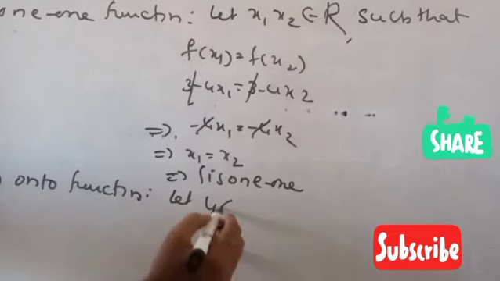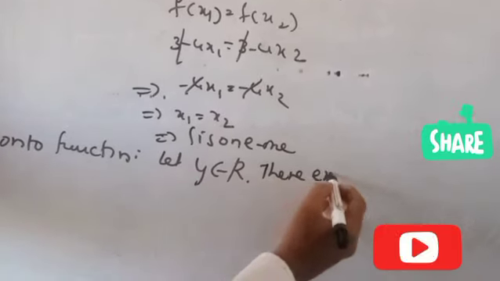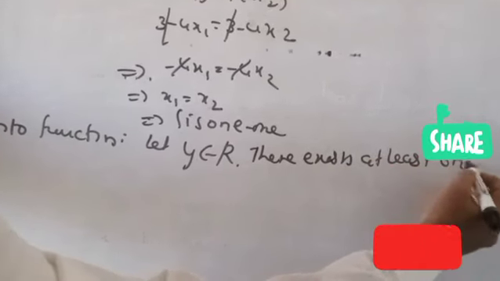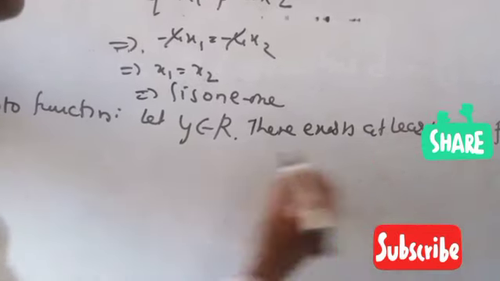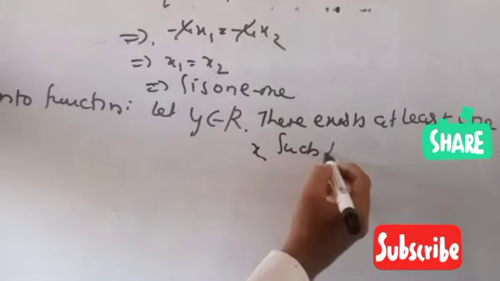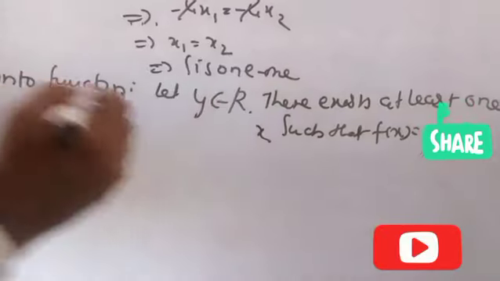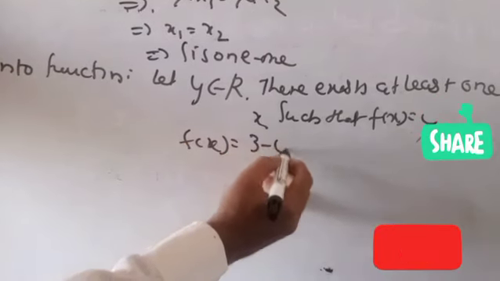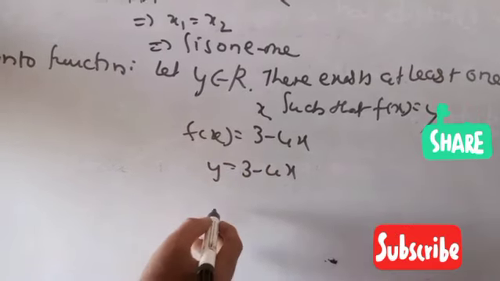Let y belong to R. There exists at least one pre-image x such that f(x) = y. Here f(x) = 3 - 4x, so y = 3 - 4x.